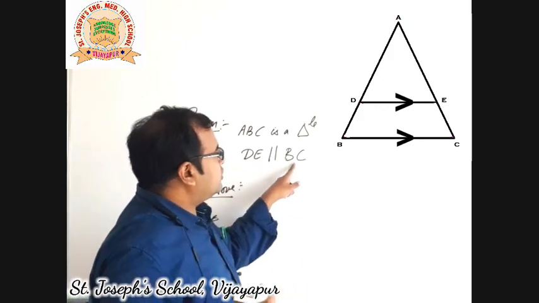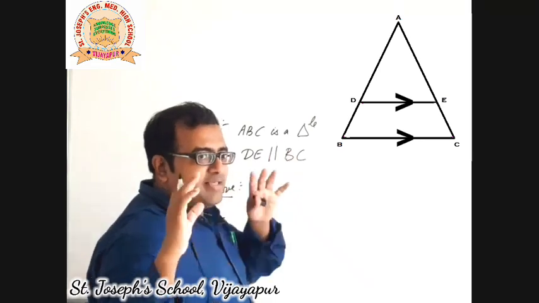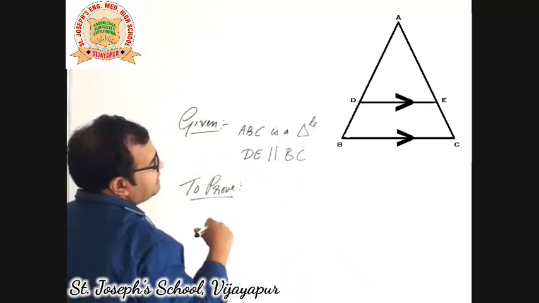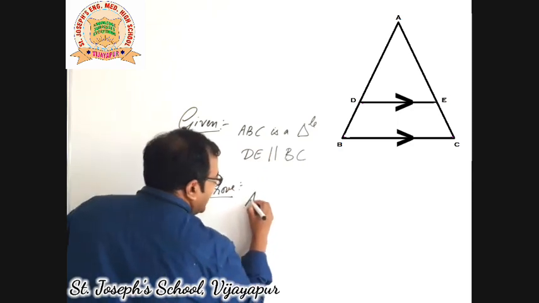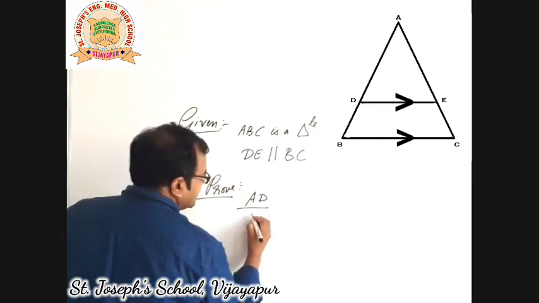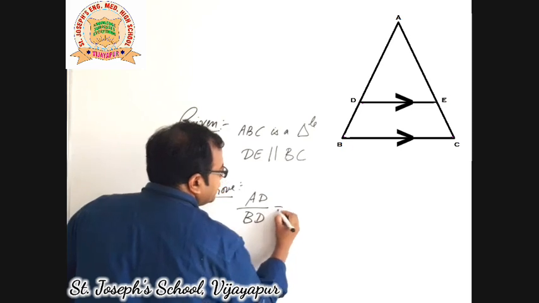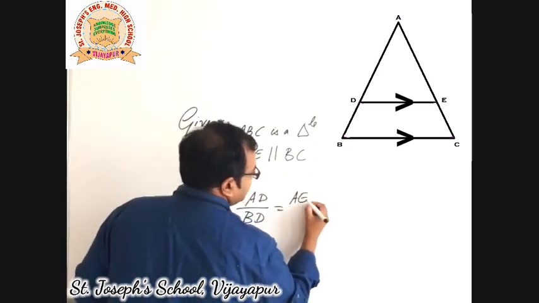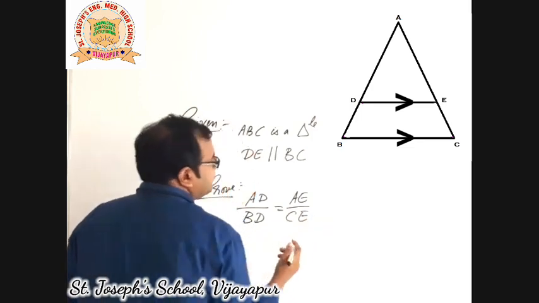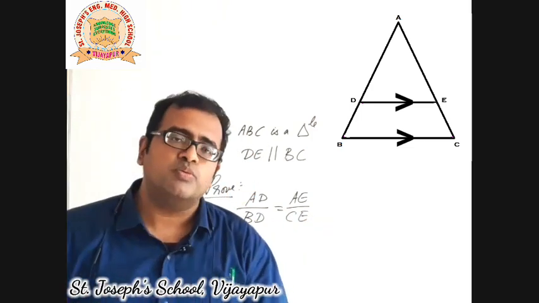If DE is parallel to one side, what are the remaining two sides? Let us concentrate on AB and AC. So AB being divided into AD by BD should be equal to, on the other side, AE by CE. This is what we are supposed to prove.